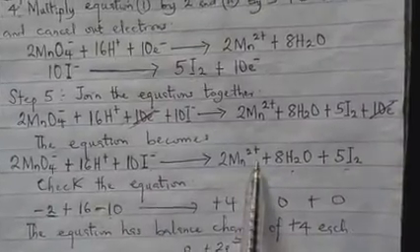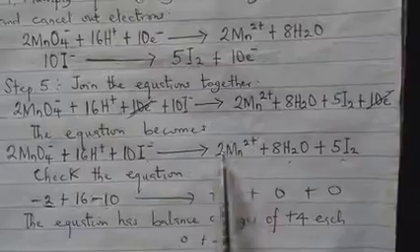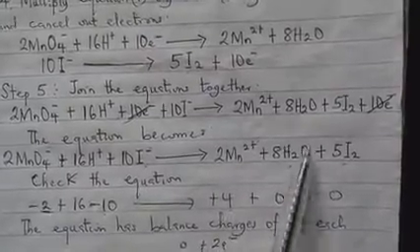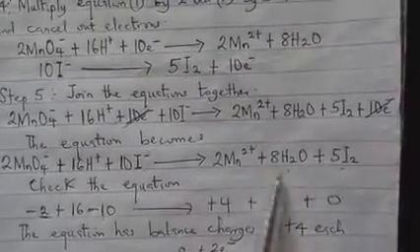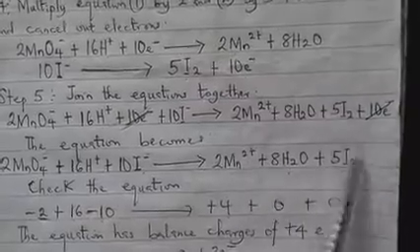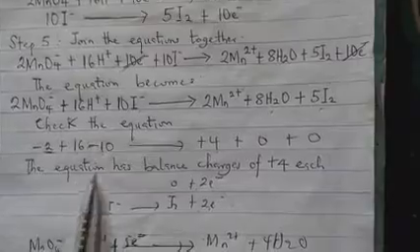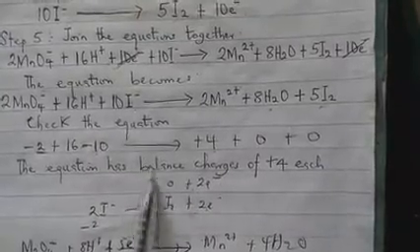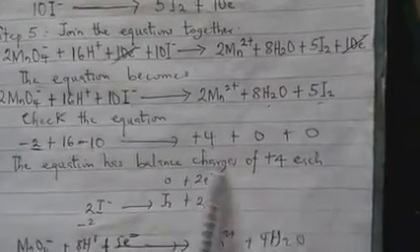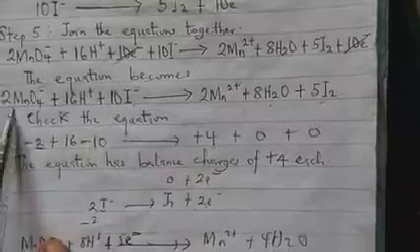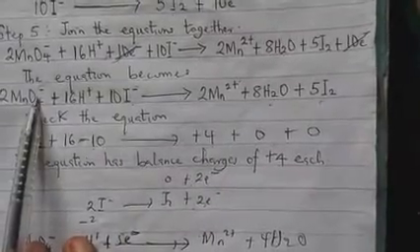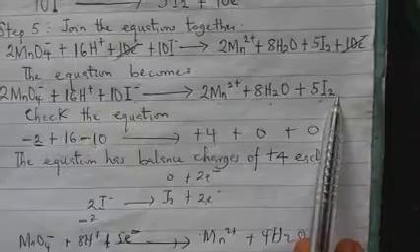And when you look at the product side, this is 2 times 2, 4. This one doesn't contain any ion, so they are in free state. We normally assign 0. So when you look at this equation very well, you will see that our equation has balanced charges of plus 4 each. That means you have plus 4 at the reactant and plus 4 at the product.